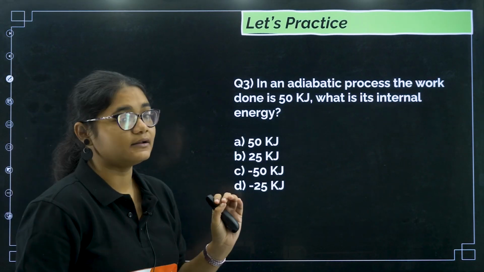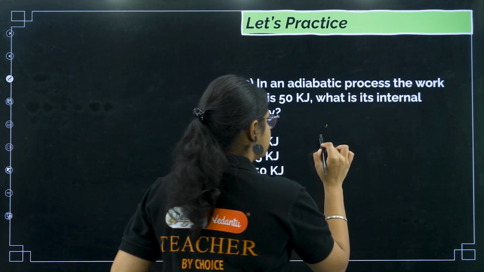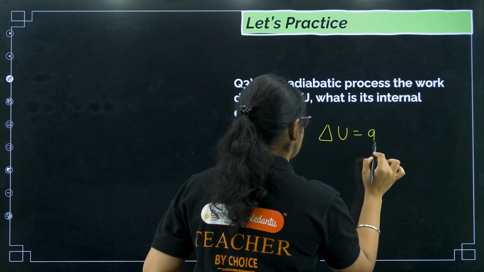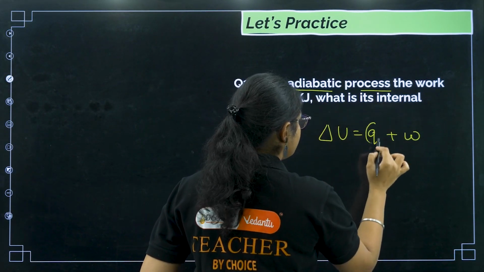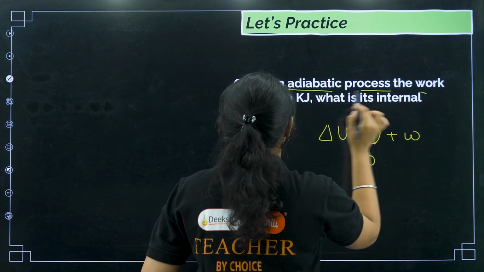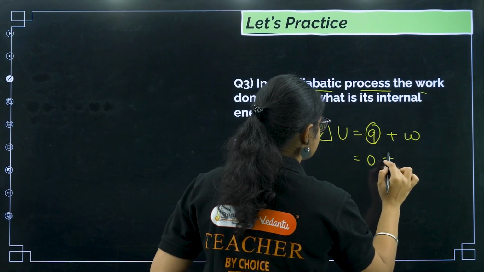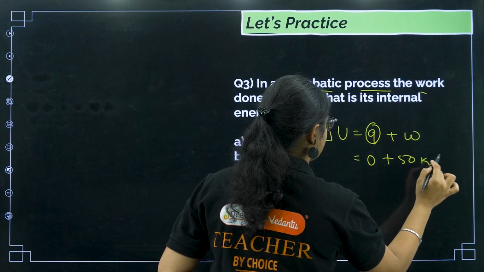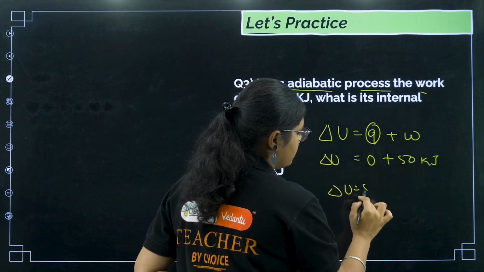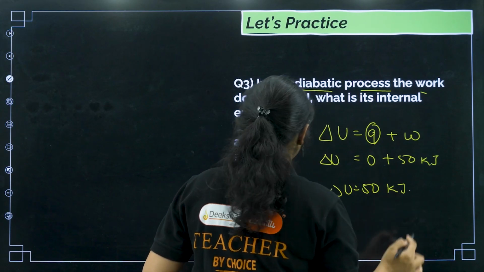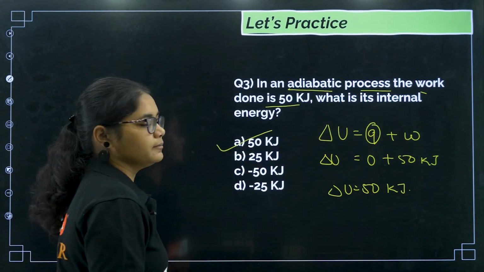What is the internal energy change? Adiabatic process means Q will be equal to 0. Work done is 50, meaning work is done on the system, that is 50 kilojoule. So delta U is equal to 50 kilojoule. The correct answer here will be option number A.